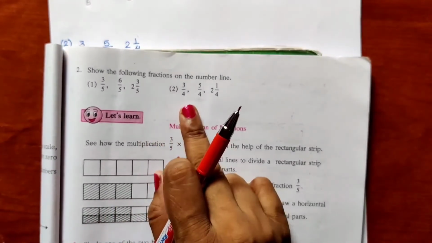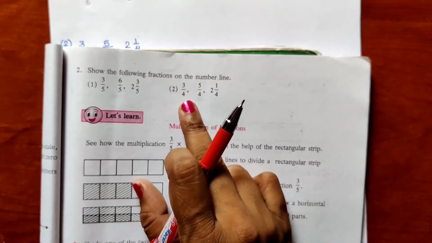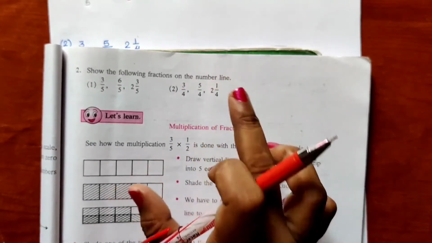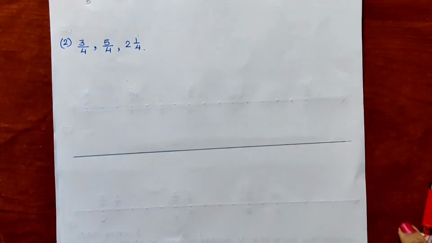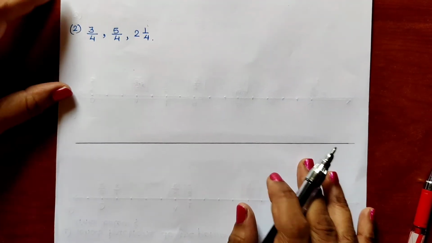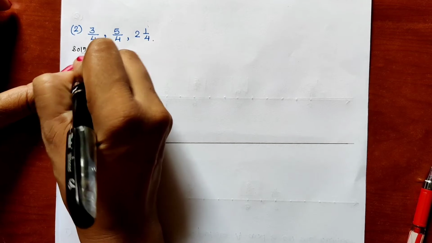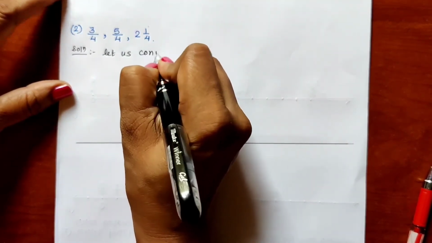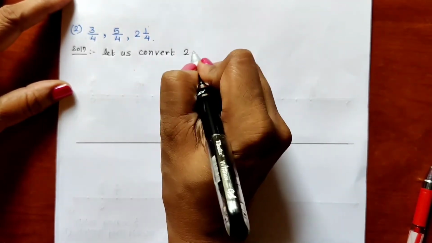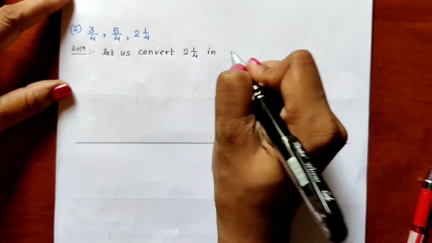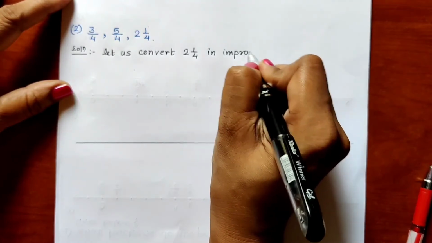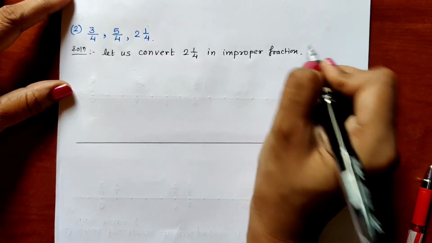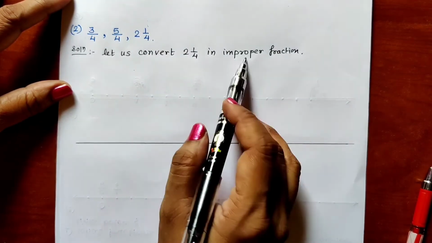Next sum, the numbers which we have to show are 3 upon 4, 5 upon 4 and 2 integer 1 upon 4. Again this is a mixed number. We will convert it into an improper fraction.